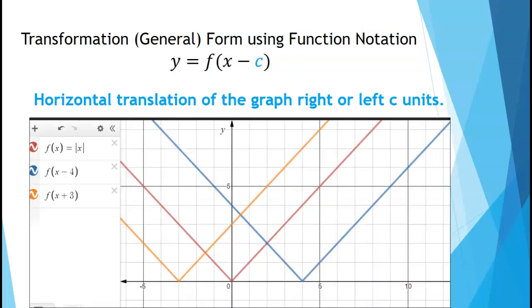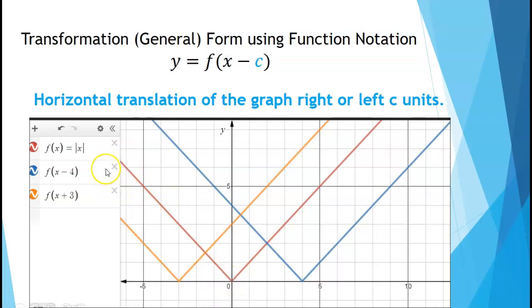Now let's take a look at this. In this graph, you'll see the function notation over here on the left-hand side. I used Desmos to do this. The red graph is the parent function, so you can compare what has happened to the parent function when I change the parameter c.